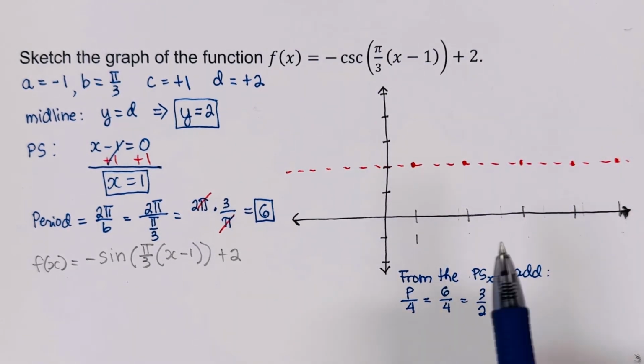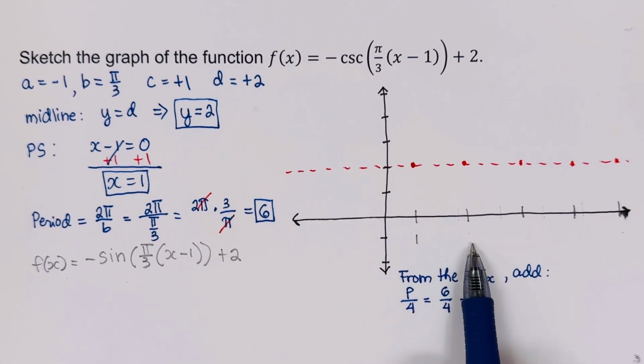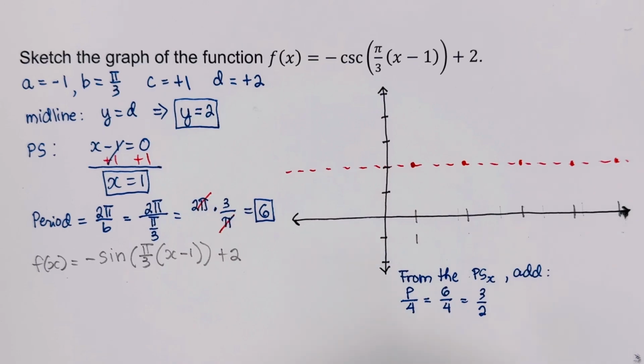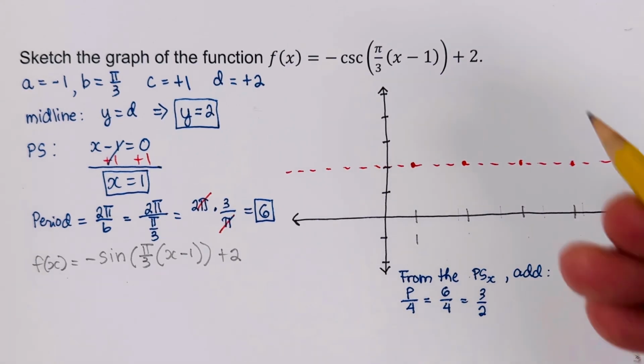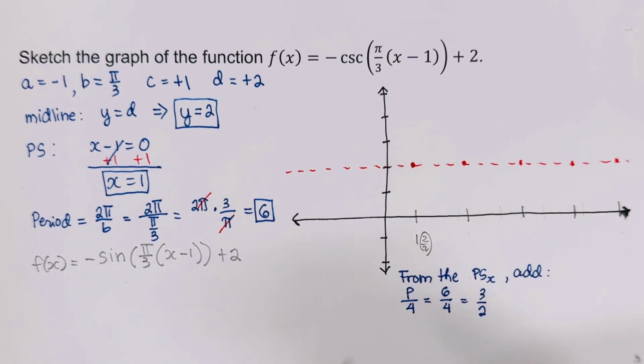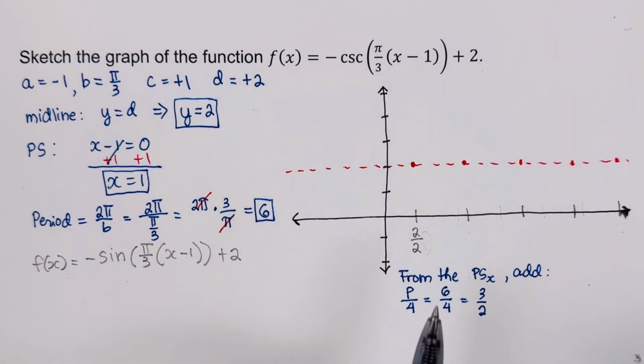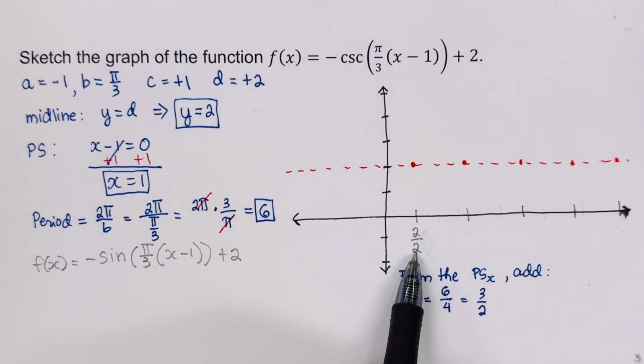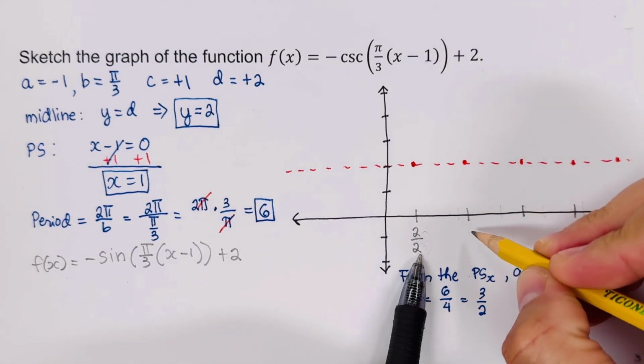So we're going to add 3 halves each time to get the values for the rest of these. Now, if you notice, we have a 1 here, and if we add 3 halves to it, they will not have the same denominator. So I'm going to multiply this by 2 over 2, and that would come out 2 over 2. Now, we're going to be adding 3 over 2 each time, so 2 over 2 plus 3 over 2 is 5 halves.